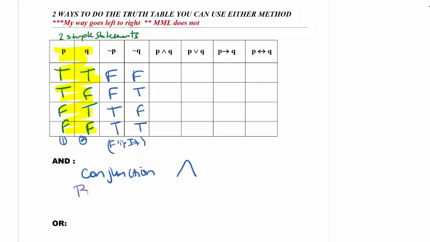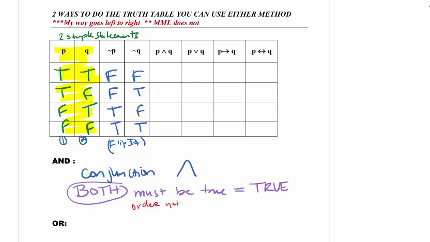It does not change. The word you're always going to see me put down is the word both. So both must be true to get a true answer. Order on this one is not important. And so what I mean by that is I'm just saying both have to be true.